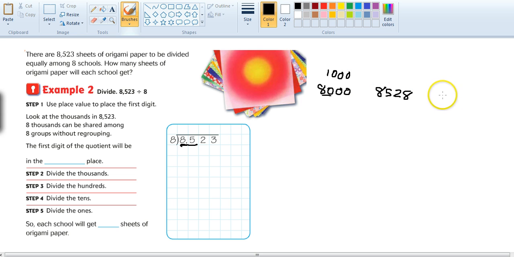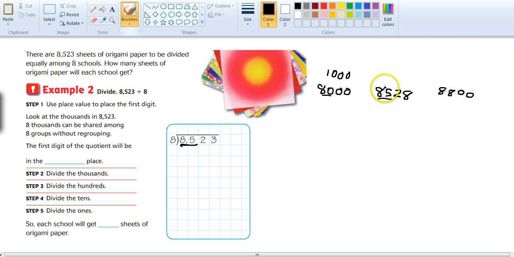Now the multiple of 8 that is greater than 85 is 88. But again, you have to make it a 4-digit number, so you have to make it 100 times greater. So we have 8,800. Two easy multiples of 8 that surround our actual dividend are 8,000 and 8,800.